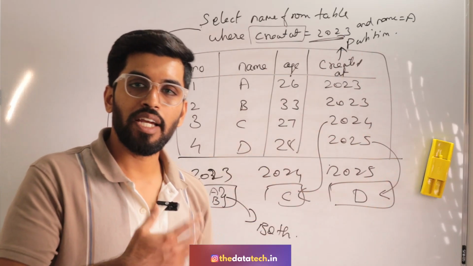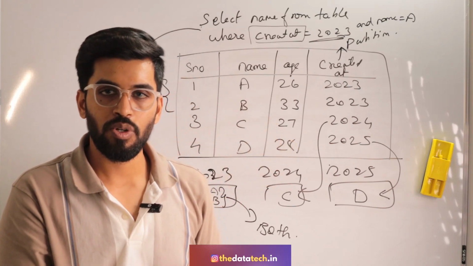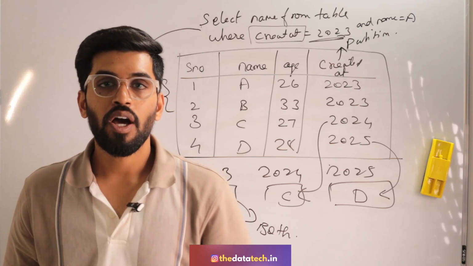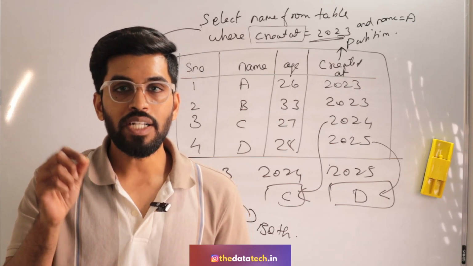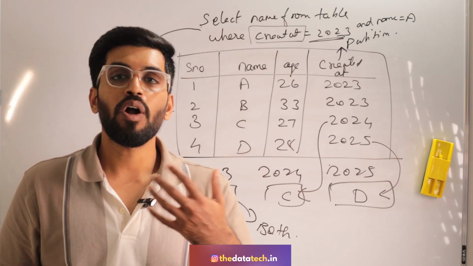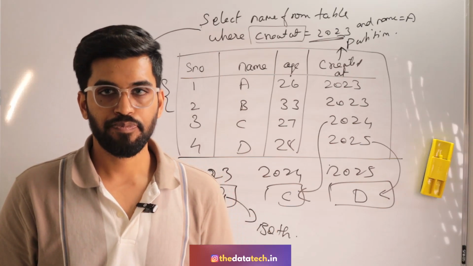Now imagine I created the table with partitions from 2023 to 2025 and data got loaded. What if tomorrow or after 6 months, I get a 2026 record? Then you have to manually alter the table and add a partition for 2026.